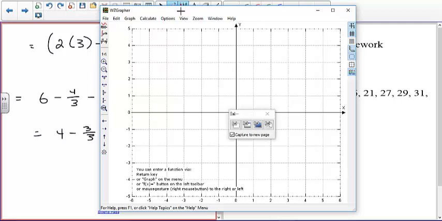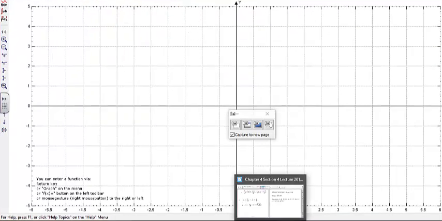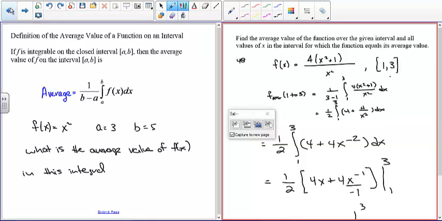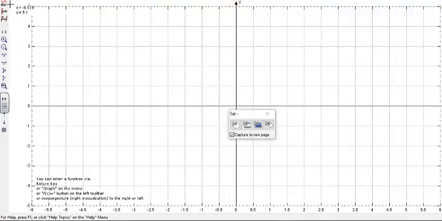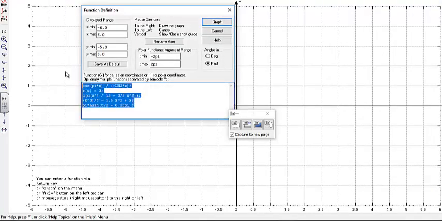And the function was, I already forgot, 4 times x squared plus 1 over x squared. So it was 4x squared plus 4 divided by x squared. And we're going to look between 1 and 3 and see what we get.